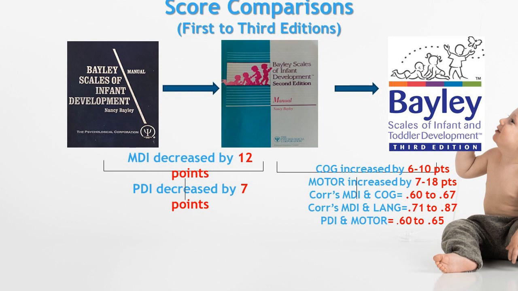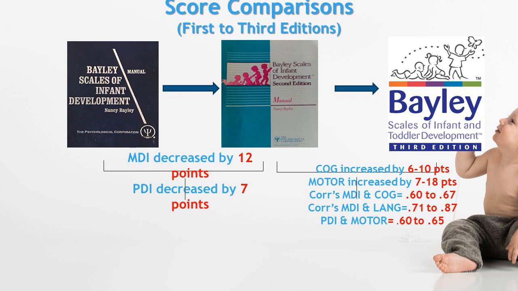Then came the Bayley-3 in 2006, and the cognitive, when compared to the MDI, increased by 6 to 10 points depending on the study. The motor increased, and the correlations were higher actually between the MDI and language than they were with the MDI and cognitive abilities.